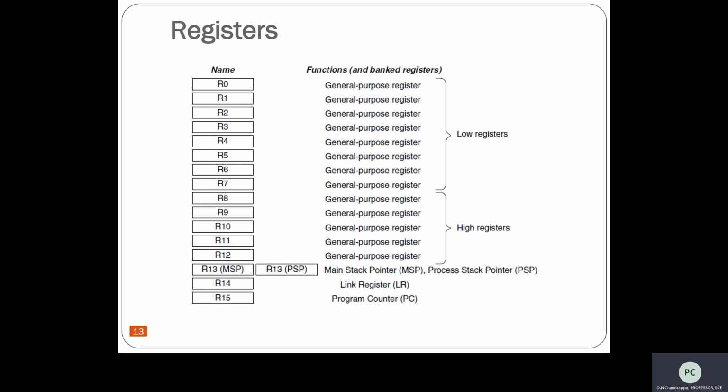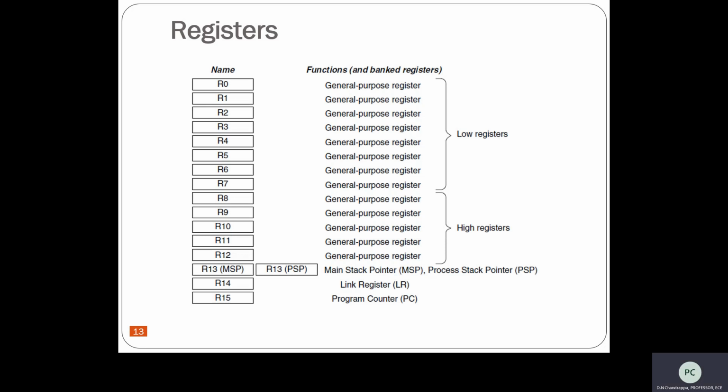In register R13, it supports the stack pointers. In the stack pointer, we have two things. One is called the main stack pointer, another one is called the process stack pointer. The main stack pointer is used by the operating system and exception handling. So this is very important in the Cortex M3 processor. What do we mean by exception handlers? Some exceptions arise during execution.